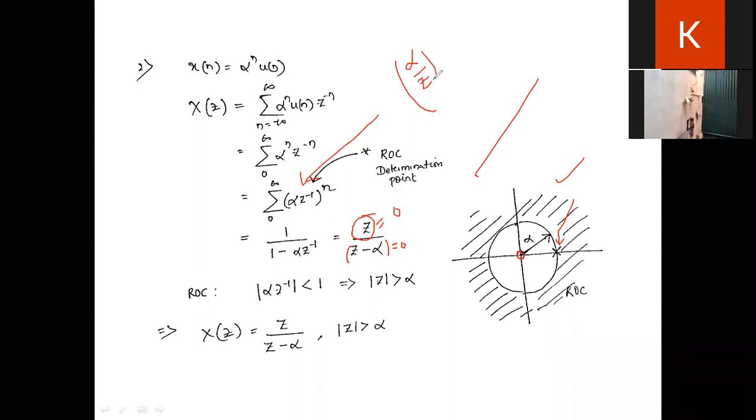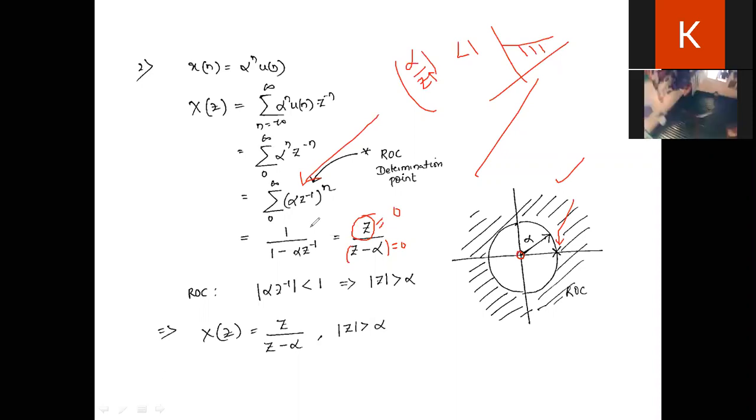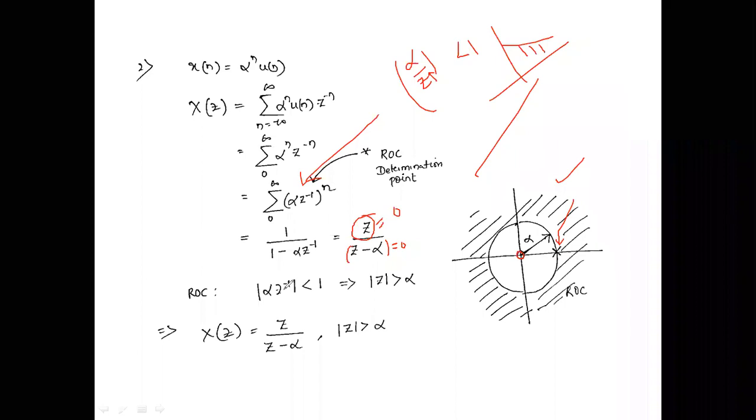If z is greater than alpha, the denominator is greater than the numerator, so this term is always less than 1. That is why it will always turn out to be a decaying exponential, which will finally converge.